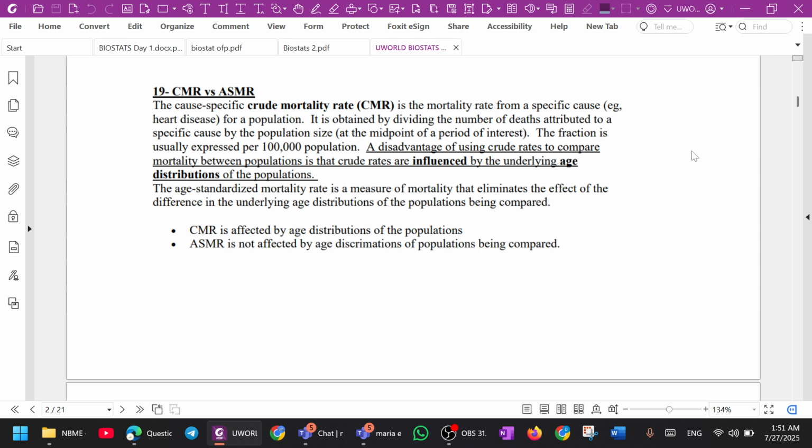The cause specific crude mortality rate is the mortality rate from a specific cause, for example heart disease, for a population.